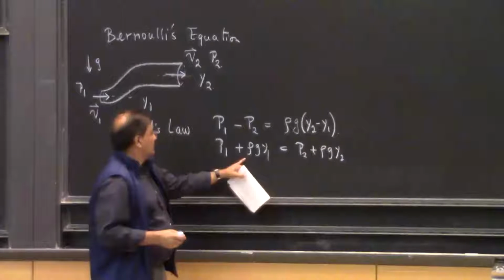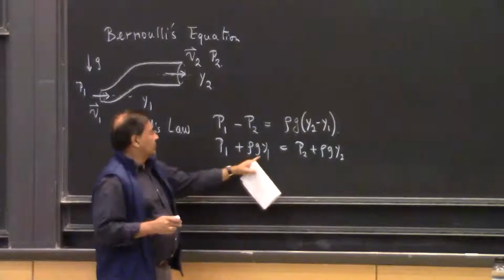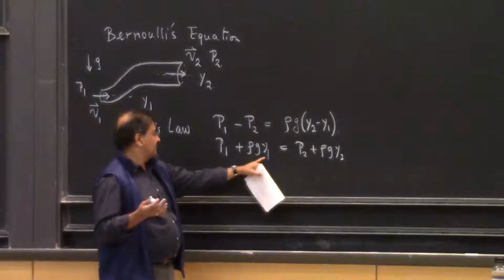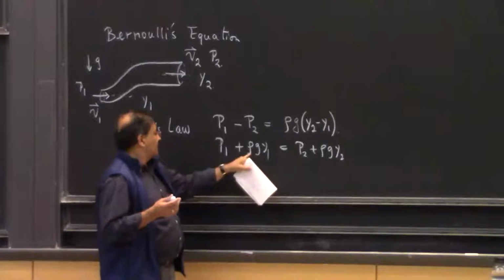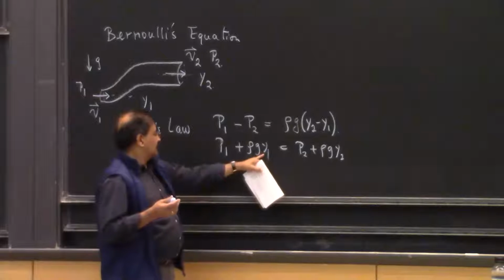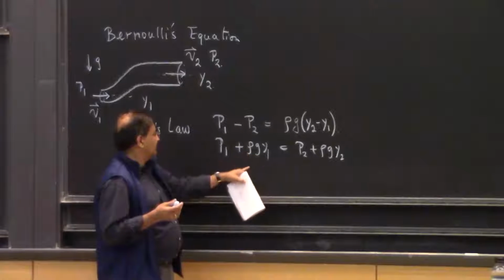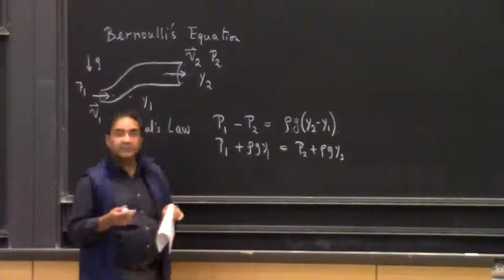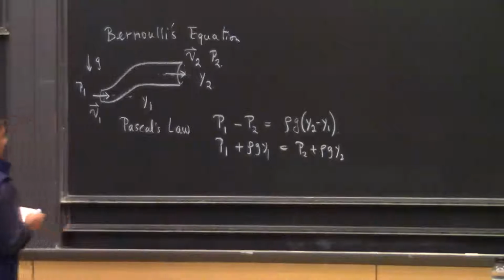What is rho g y as a quantity? Rho is density. y is a height. Density is mass per unit volume. This is the height, and this is meter per second squared. Okay? This is acceleration.